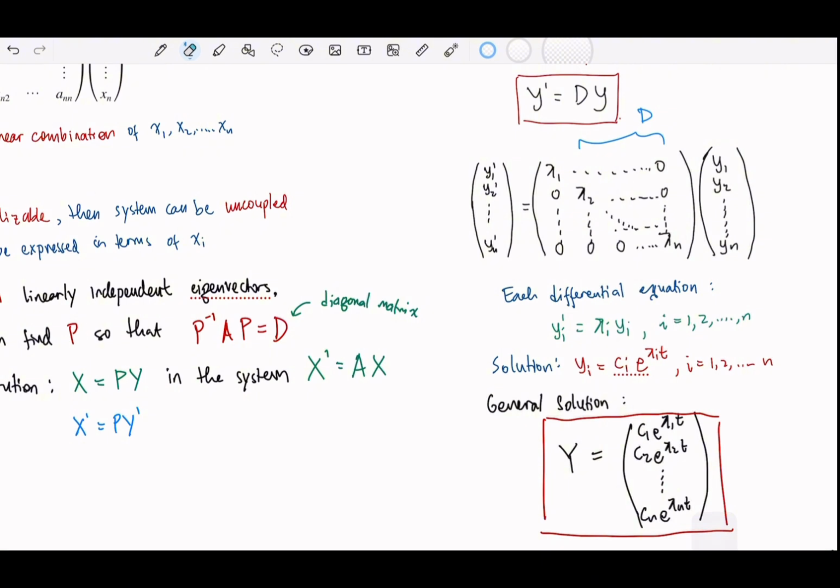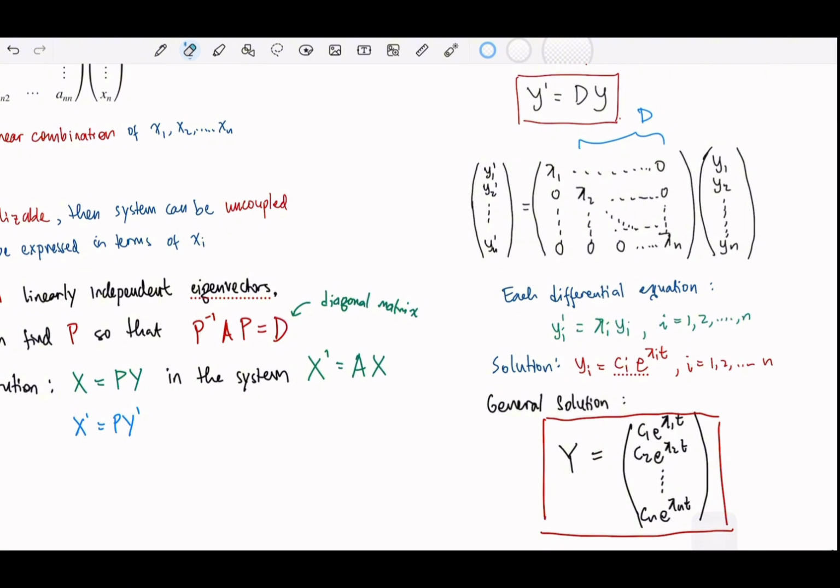We start from the eigenvalues and eigenvectors. We arrange the matrix P. And then the solutions will be based on x equals Py.